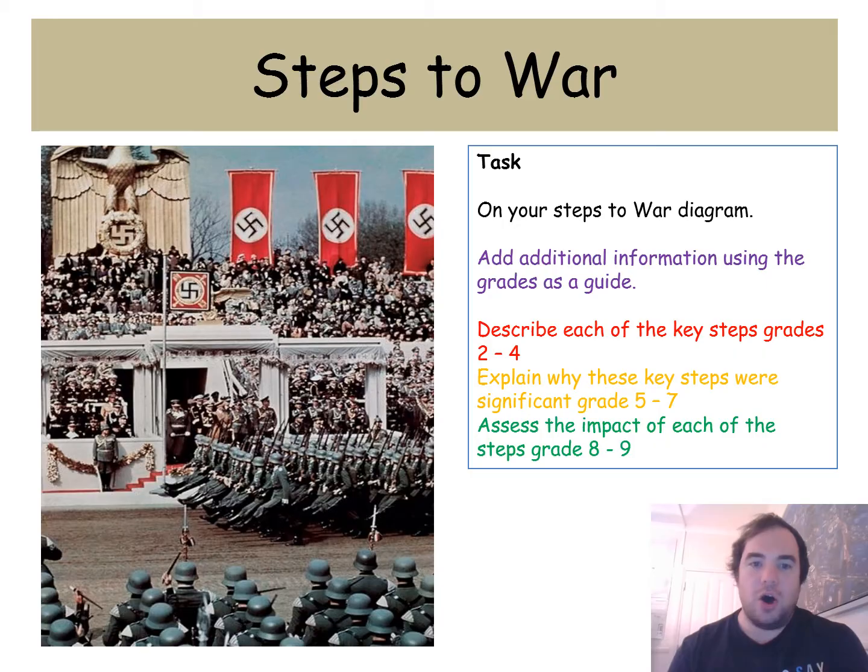And on each rung on your ladder, or on your mind map or whatever, I want you to describe each of these events in your own words. Keep it relatively straightforward. I don't want you to copy it word for word, just summarise what happened in each of these things.